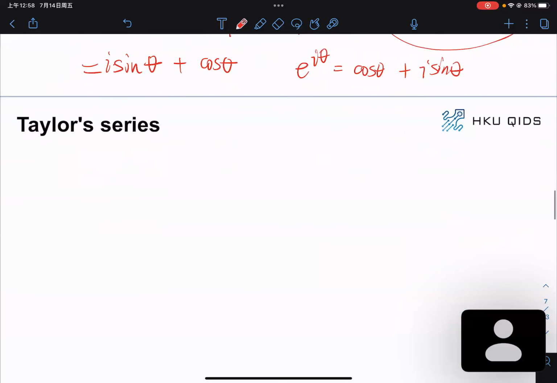Okay, so let's see how we can solve this question once we know Euler's formula. So we now know that e^(i pi) is going to be cosine pi plus i sine pi. And sine pi is going to be 0, so this part is canceled out. So it is going to be cosine pi, which is -1, right?